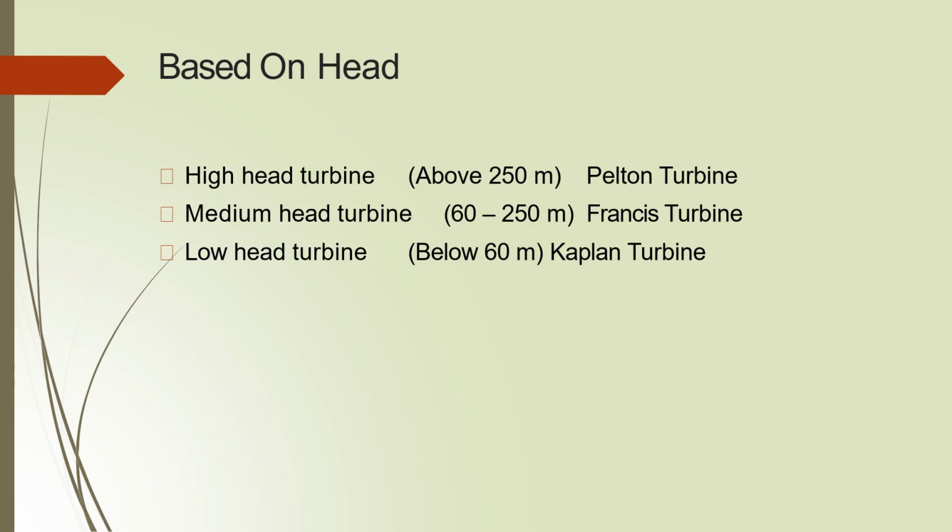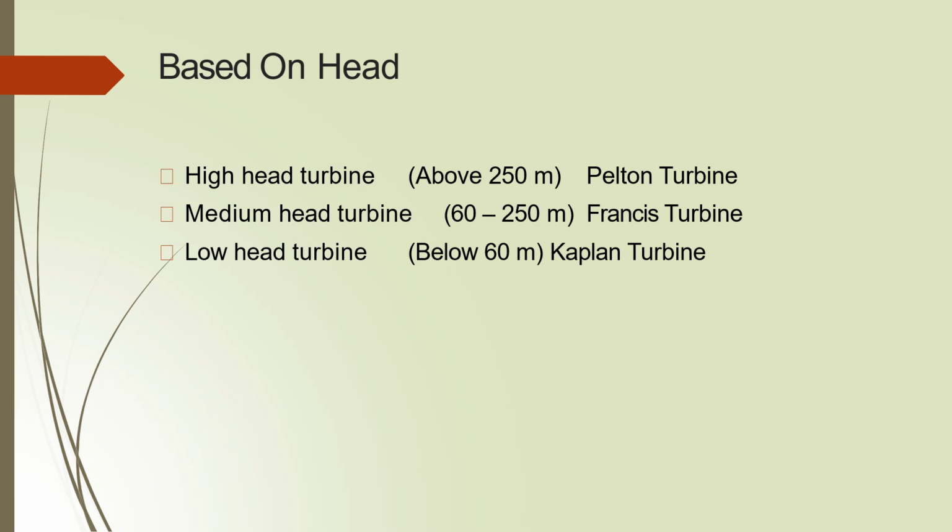The third one is based on the head. Usually the head of the turbine means the height of water available above the base of the head race and tail race. We'll discuss this in the next show. Here the difference between them is called the head. If the height is more than 250 meters, it is called a high head turbine.